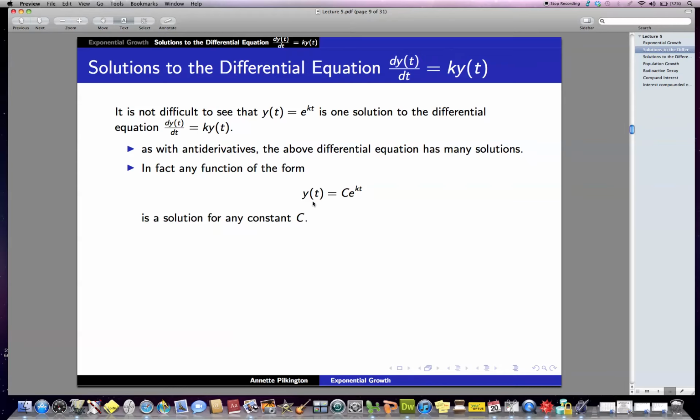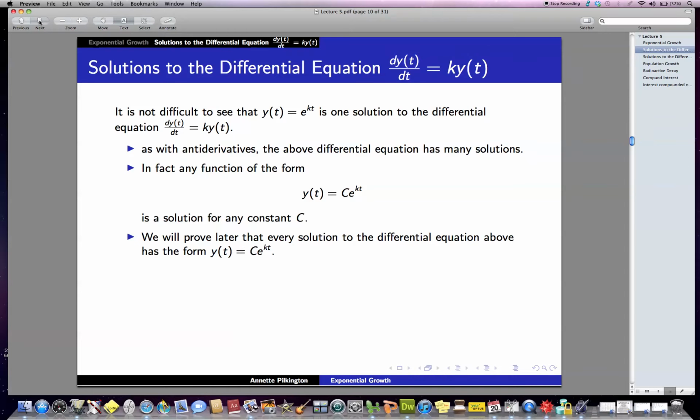Differentiating, I get c times k times e to the kt, which is k times the value of the function itself. Later, when we study differential equations, we'll show that this is the entire family of solutions.